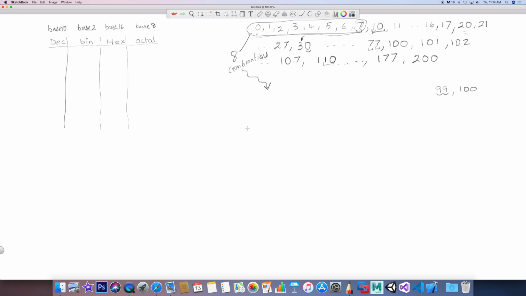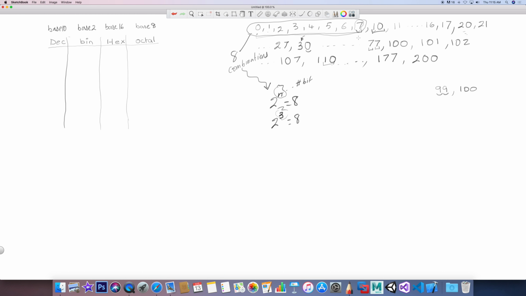So if we had to convert this to binary, how many binary bits would we need to represent 8 combinations? So 2 to the n equals 8, where n is the number of bits. Well, 2 to the third is equal to 8. Now you could use a log if you want, but you need at least 3 bits to represent any of these octal numbers from 0 to 7.